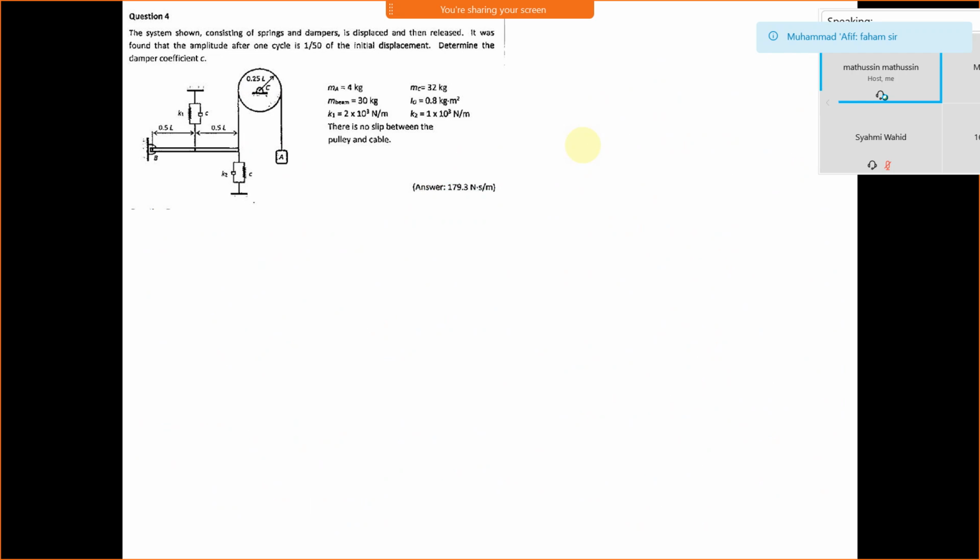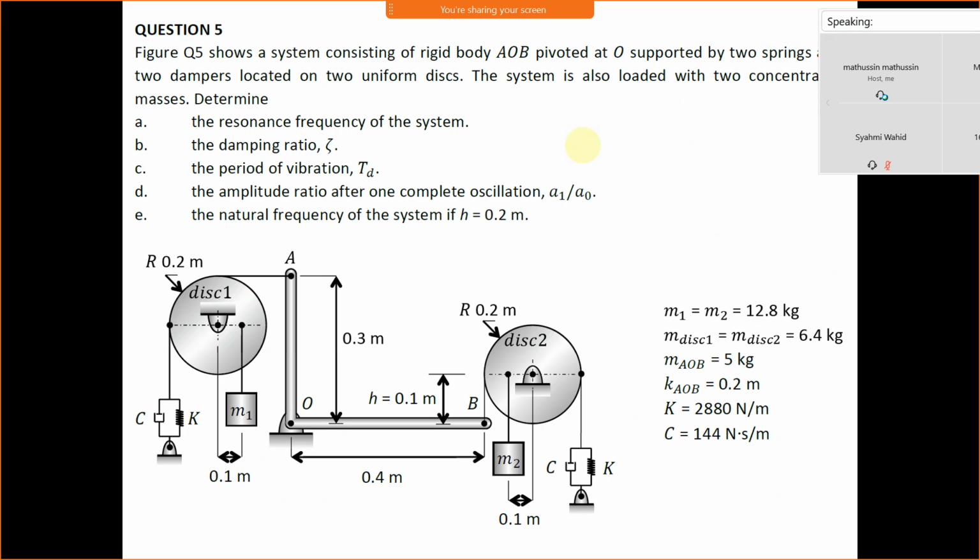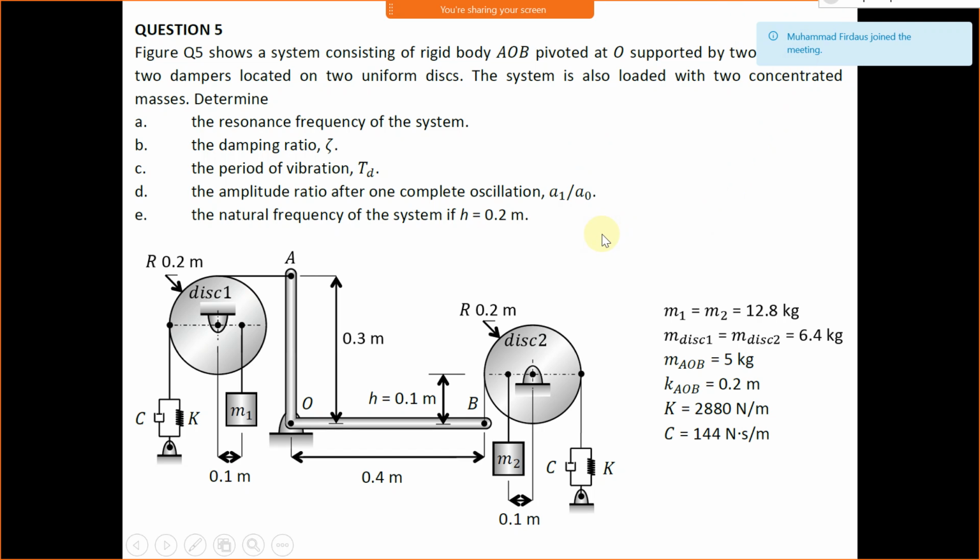Alright, so next question adalah kita tengok in this one. Okay. Yang ni panjang sikit. So soalan ni, figure question 5 shows a system consisting of rigid body A or B, pivot at A, alright, supported by 2 springs and 2 dampers located on 2 uniform discs.